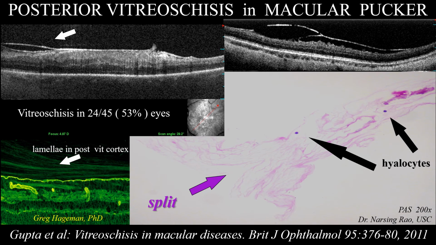The OCT up to the left was in a patient with macular pucker on whom I operated, and the specimen was analyzed histopathologically, and the results are shown in the lower right. You can see the split in the posterior vitreous cortex, but also the presence of hyalocytes embedded in this tissue.